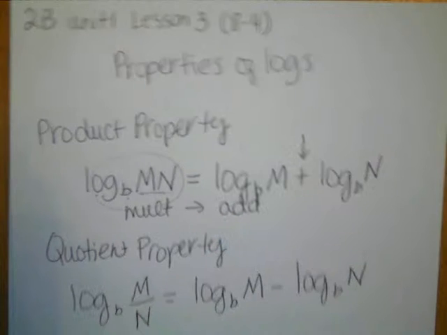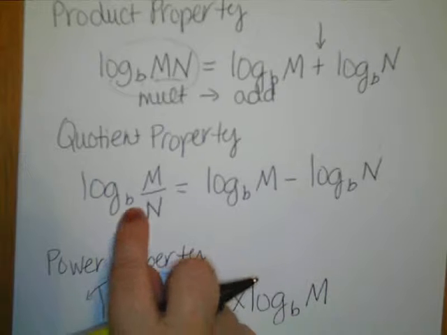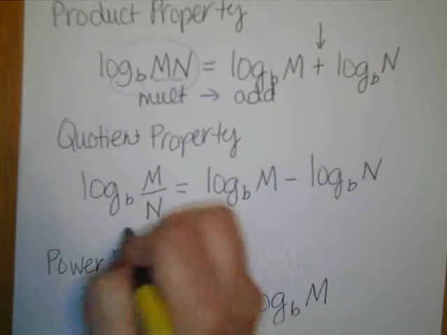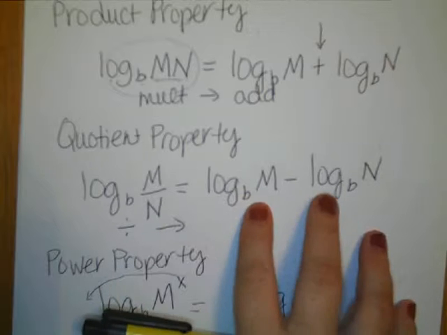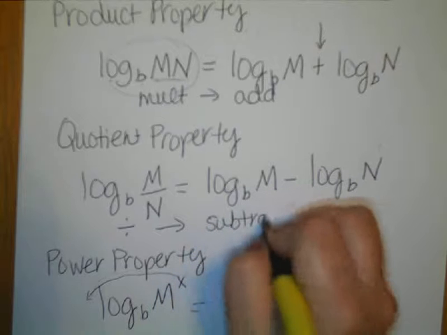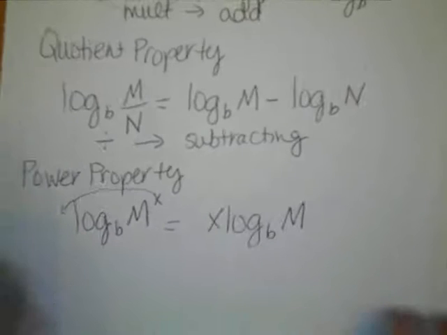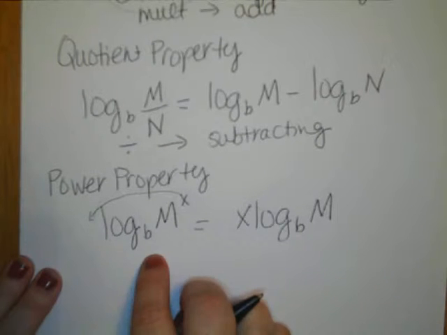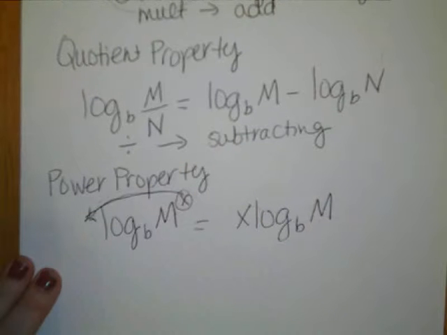Then, if I have one single log with base b of two things that are being divided, I'm going to go from division to making it into two logs with the same base, but they're going to be subtracting. If I have one single log base b where I have an exponent, I get to automatically move this exponent out front. So that's what I've done here.